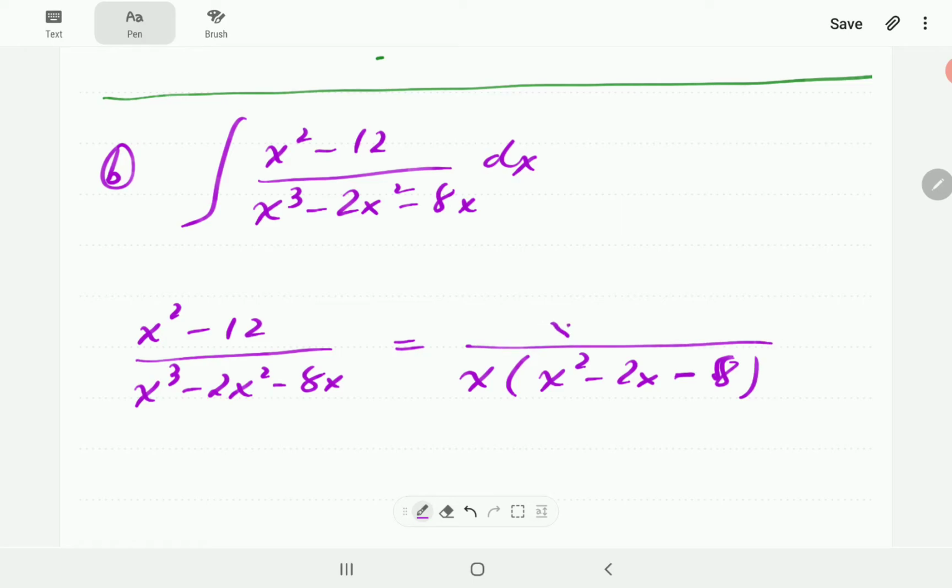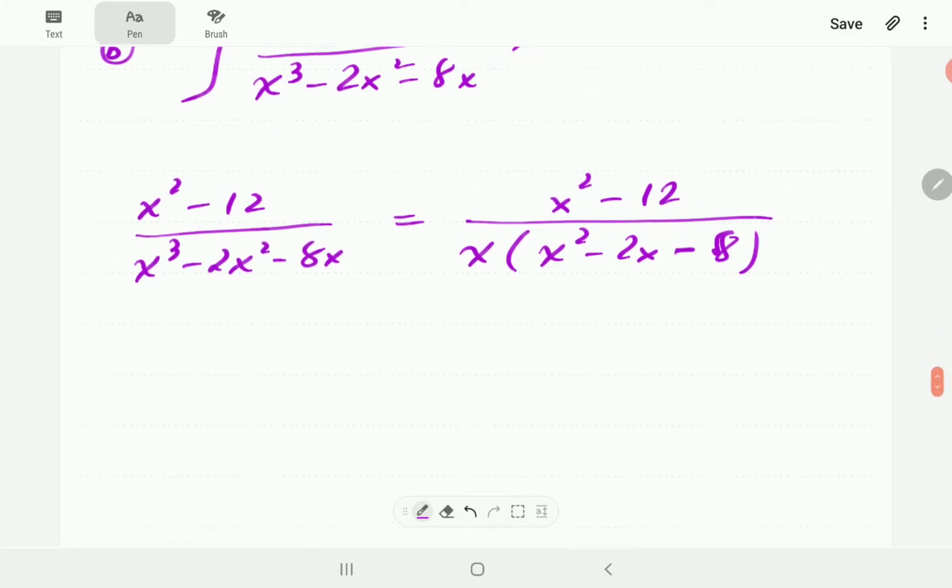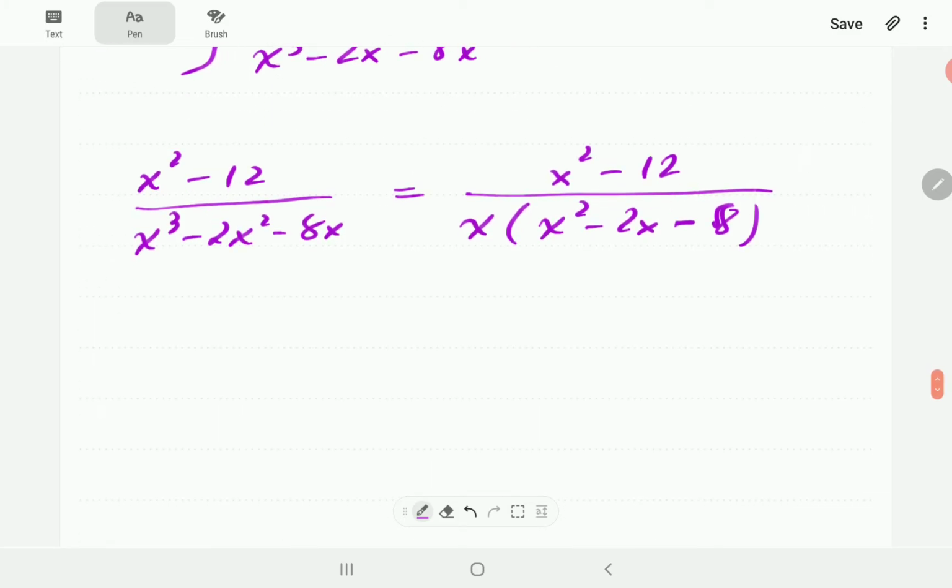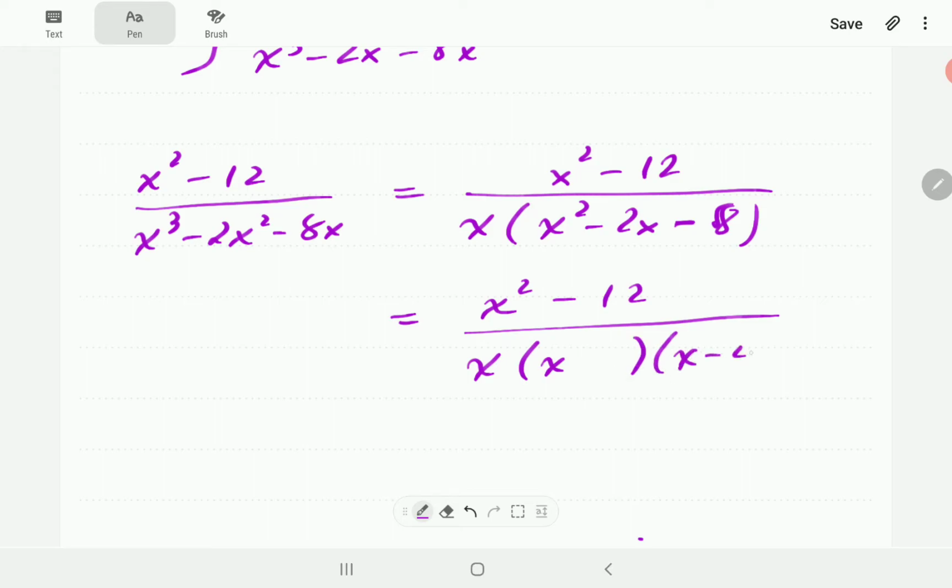This is now a quadratic, and we already mentioned in part 1 that you want to freshen up your skills of factorizing quadratics for these types of problems. This one factors into x minus 4 times x plus 2.